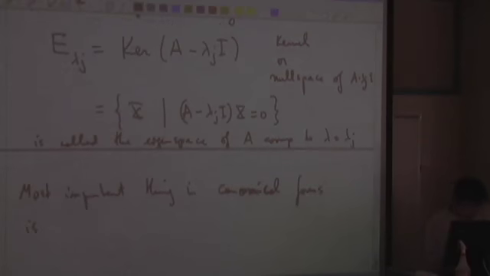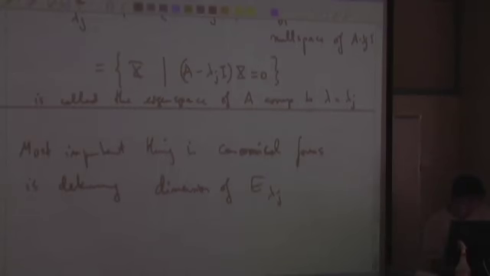So the most important thing in canonical forms is determining the dimension of E lambda J. And what do we mean by dimension?